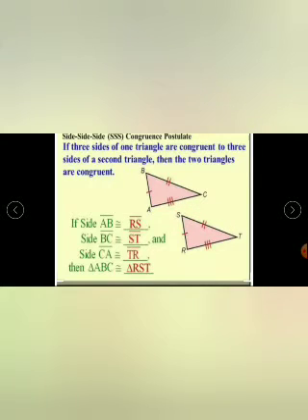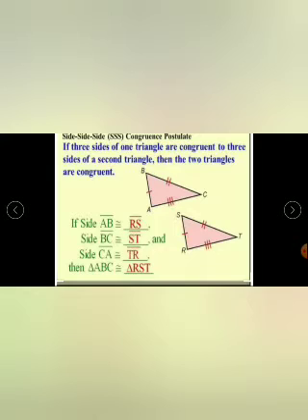ST. So here we have BC equal to ST. Now the third side CA equals TR. So from the figure we understood that the three sides of one triangle are equal to the corresponding three sides of the other triangle, isn't it? Then by this SSS congruence criteria, we can say these two triangles are congruent.